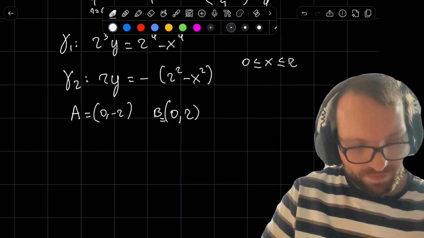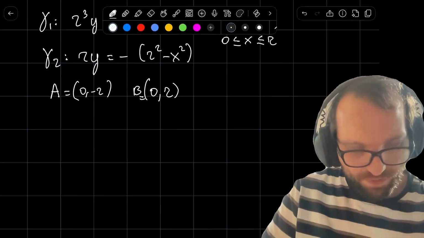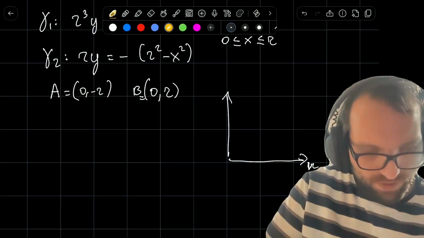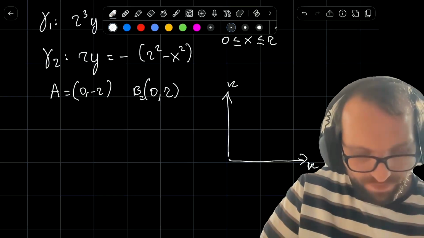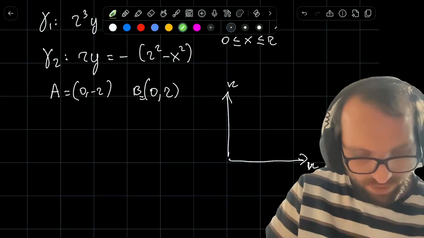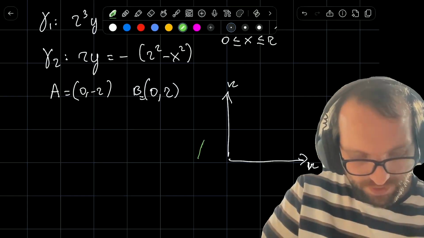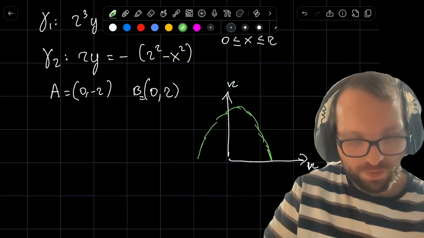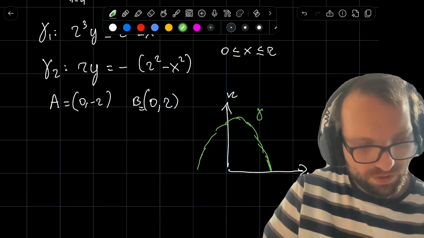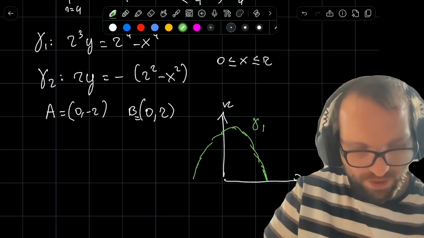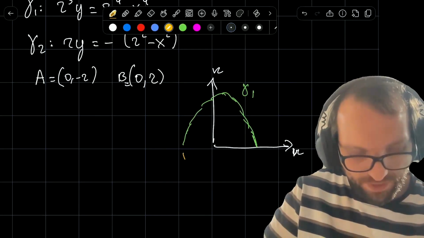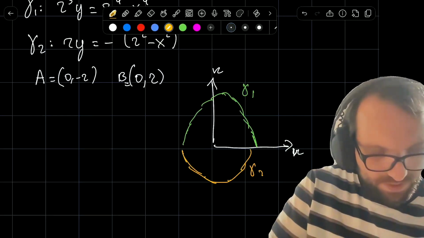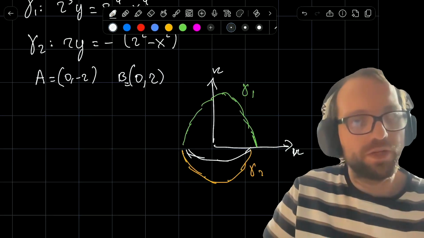Okay, so this surface is going to have an upper side formed by one curve, and the lower side formed by the rotation of the other curve.